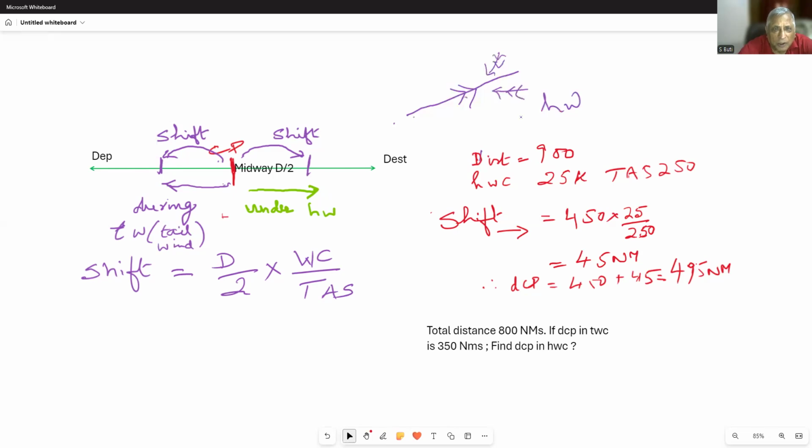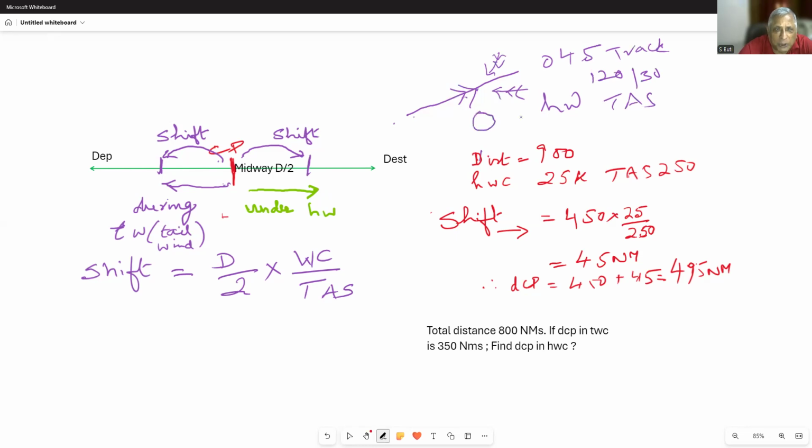Try it out. Take a track of 045, wind velocity of 120, 30 knots, now 75 degrees from the right and front. This is your track. And take a true speed of 200. On the outbound, speed will be less.